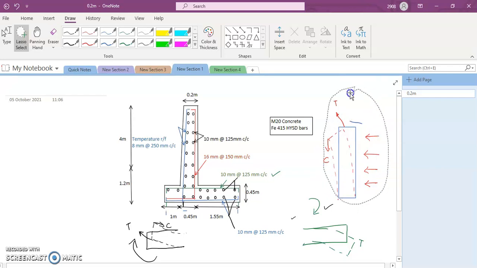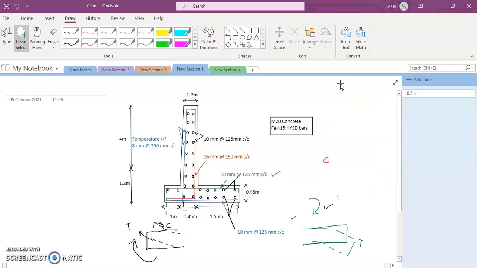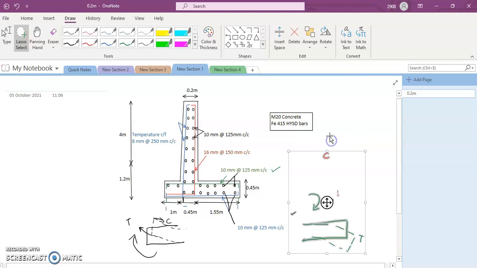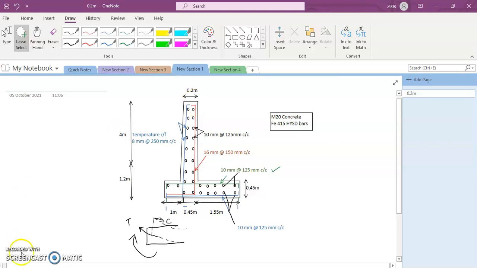Also, when we are sending a drawing to the site, the drawing has to be complete in all respects. So we have to show all the dimensions of the retaining wall and the dimensions of the curtailment or any extra detail of the steel that is required.